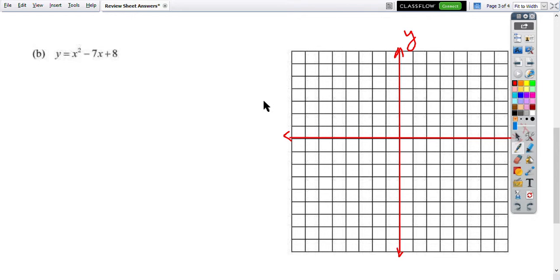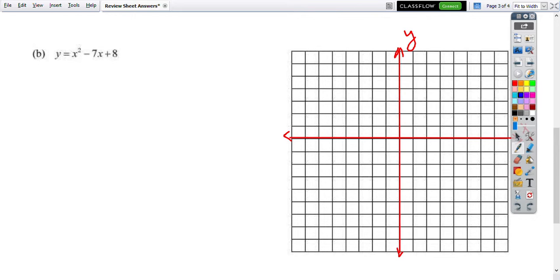Not what we wanted. x squared minus 7x plus 8. Alright, there we go. So once again, keystrokes, menu, analyze graph, minimum again, select, drag, there we go. Okay, there's our vertex.